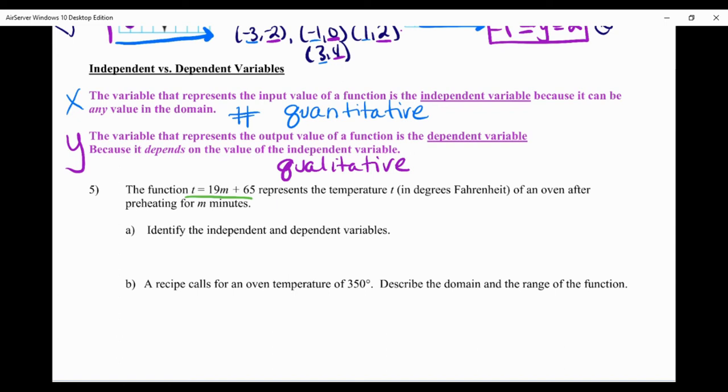Okay, so let's first think about independent and dependent. The number of minutes is the independent. That could be anything. It could be 0 minutes, 1 minute, 2 minutes, 3 minutes. It doesn't matter. Nothing else is affecting that variable. So that's our independent. And again, you can count it, right? Number of minutes.